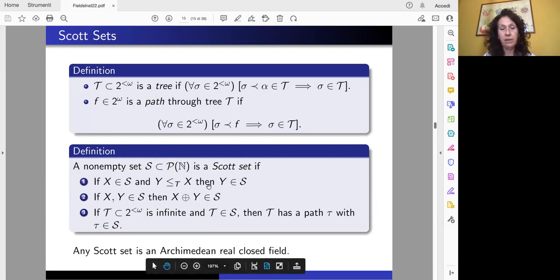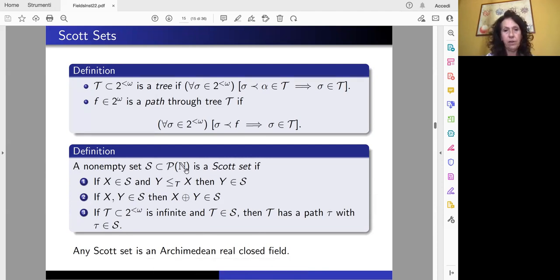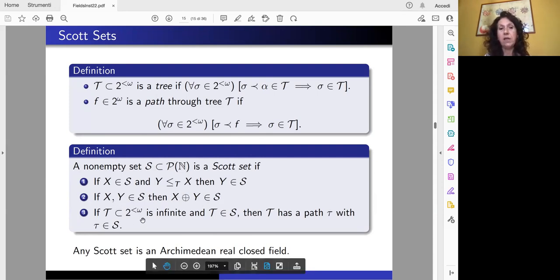What is a Scott set? It's a collection of subsets of the natural numbers which is closed under Turing reducibility and disjoint union. And also, if there is an infinite tree which is in S, then there is a path of the tree which is also in S. This is up to coding, of course.